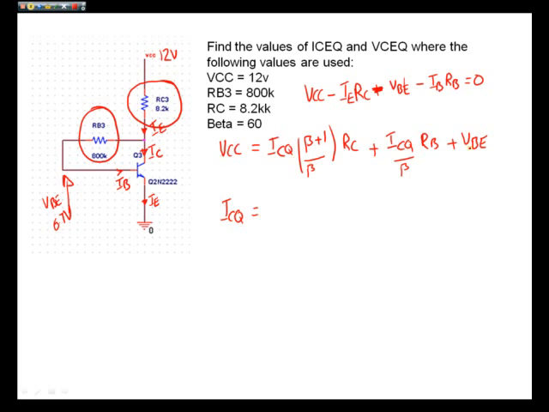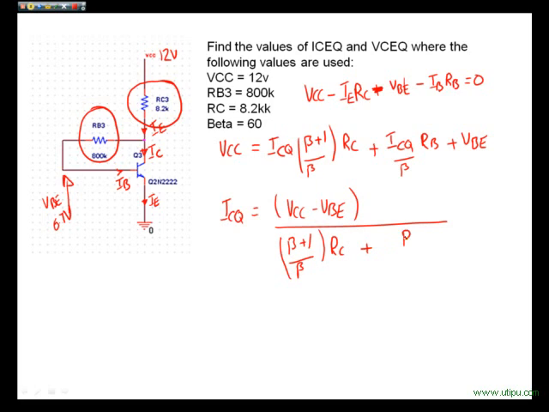We can keep VCC on one side and VBE on the other side. So doing everything in one step here: VCC minus VBE is on the numerator, and the denominator is made up from beta plus 1 over beta multiplied by RC plus RB also over beta.